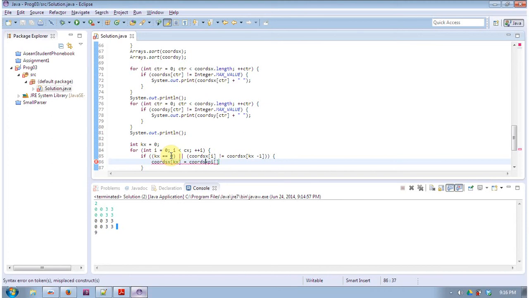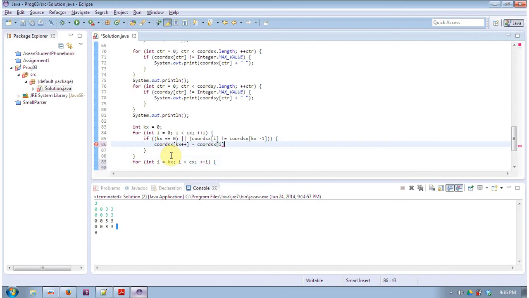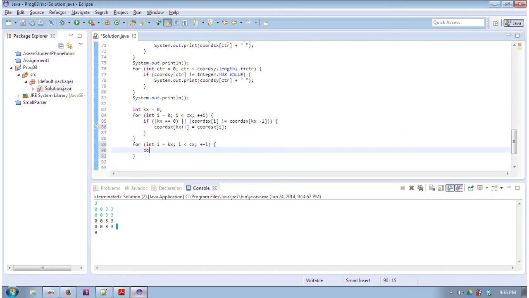Okay, for sx of I, and then we increment that. Next we have for int I is equal to kx, I is less than cx plus I, for sx of I is equal to integer dot max value. Okay, that's for x.